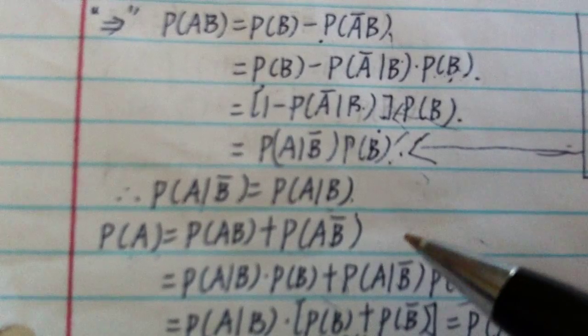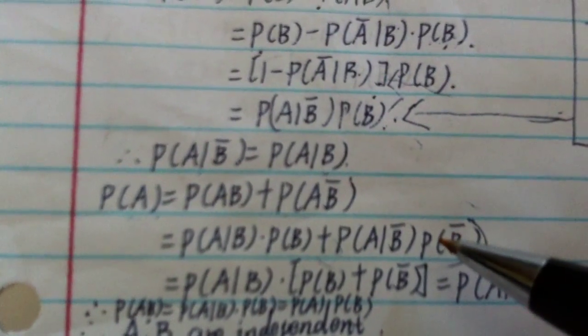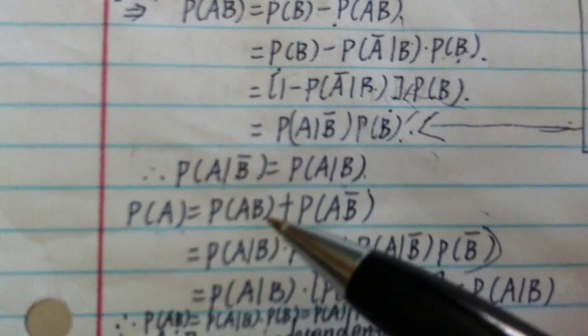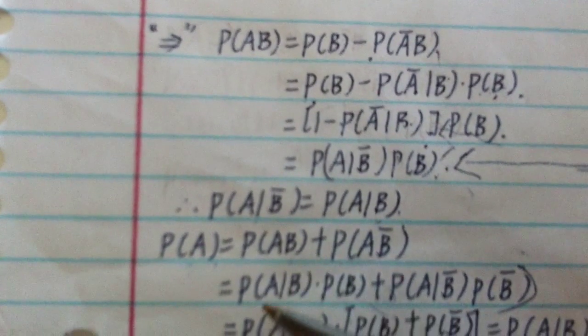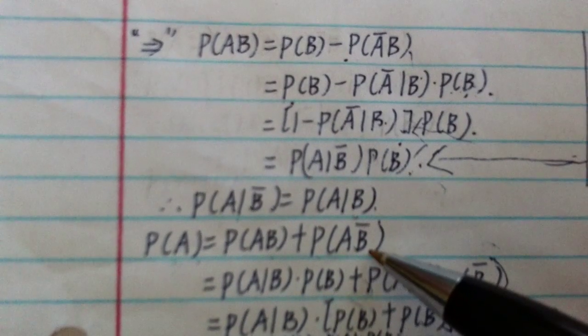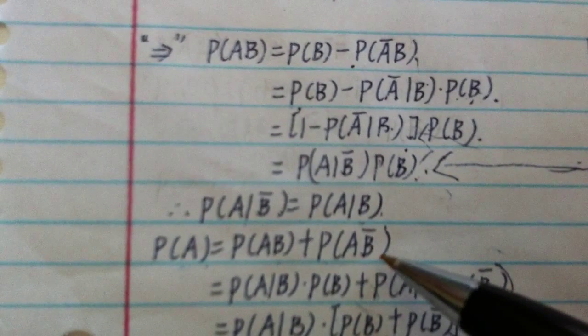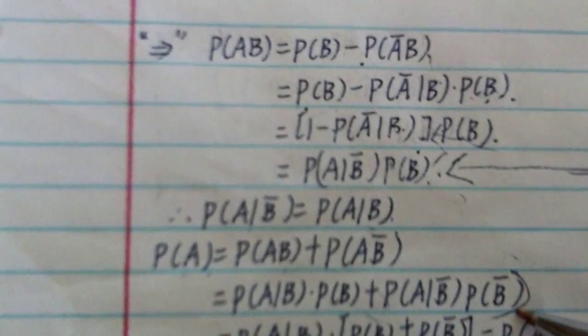This function can be proved by the probability of B equals the probability of AB plus the probability of A naught B. Then for the probability of AB, from the conditional probability, we can know that the probability of AB equals the probability of A assuming B times the probability of B, and the probability of AB naught equals the probability of A assuming B naught times the probability of B naught.